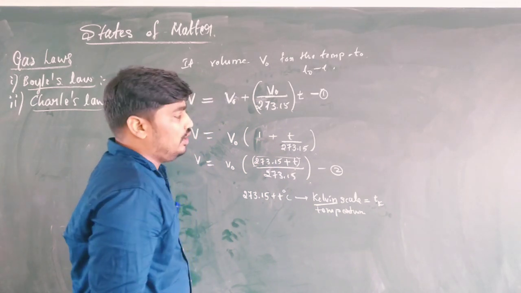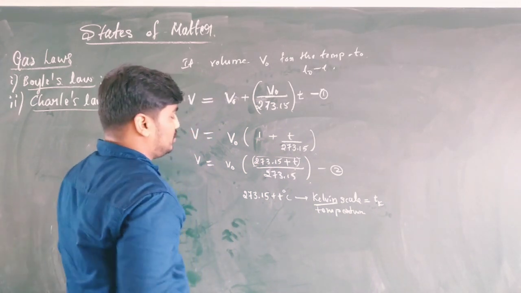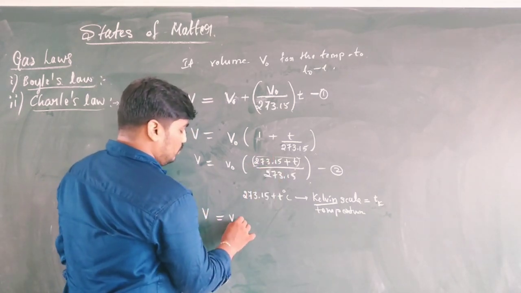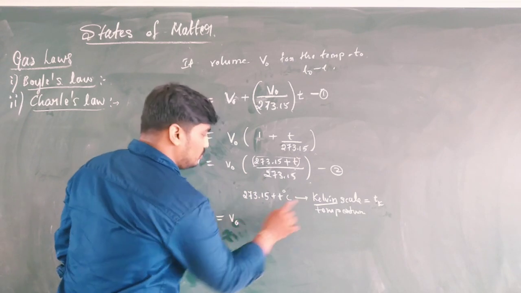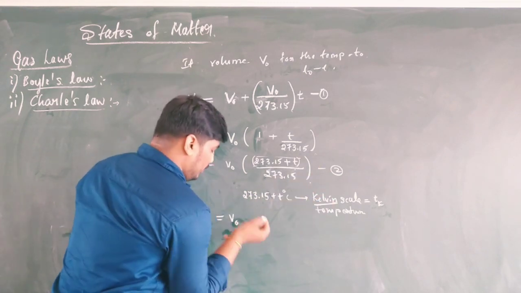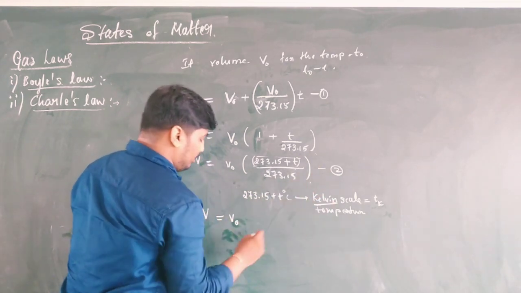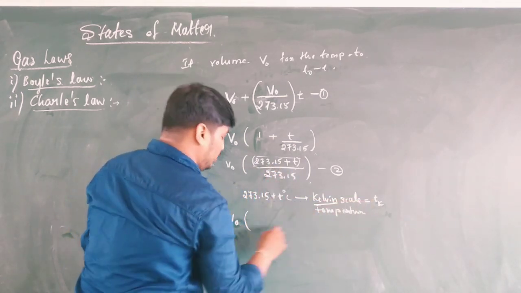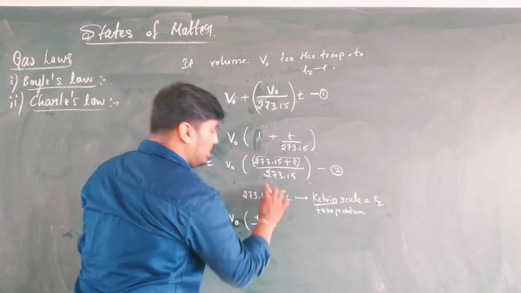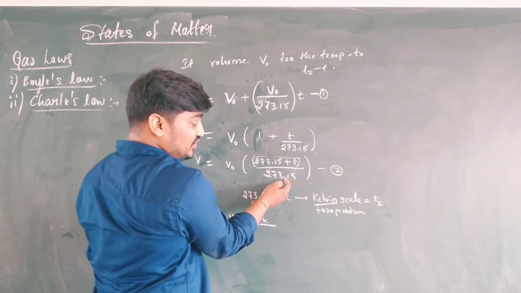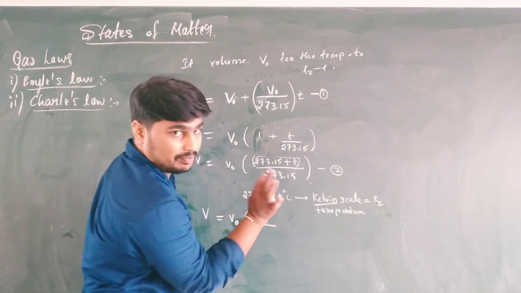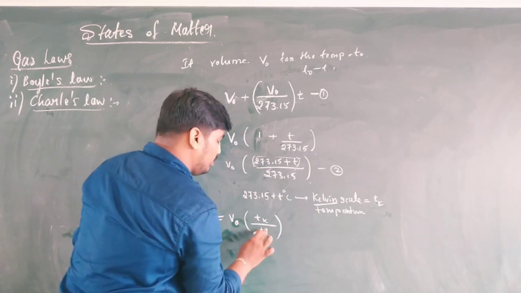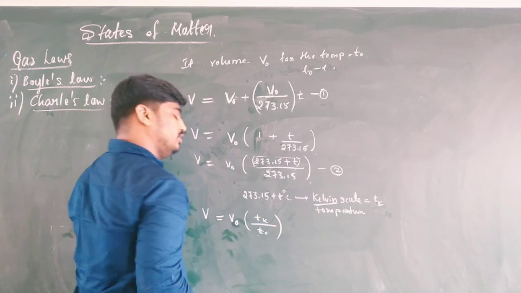Okay, substitute that Kelvin scale temperature here. Substituting in equation 2, we get V is equal to V naught times TK divided by 273.15. It is the initial, now it becomes the initial temperature, so I consider it as T naught, which is 0 degree.